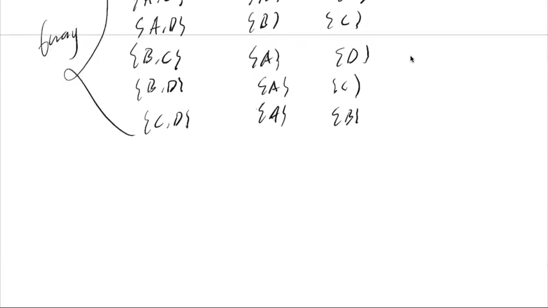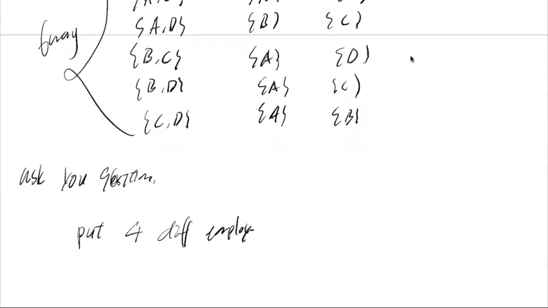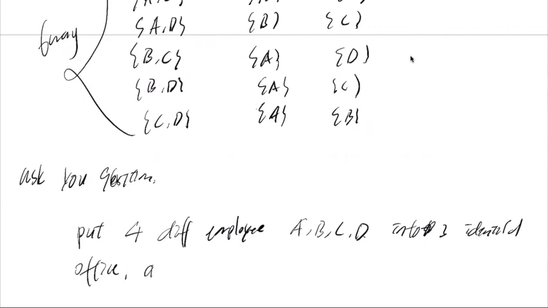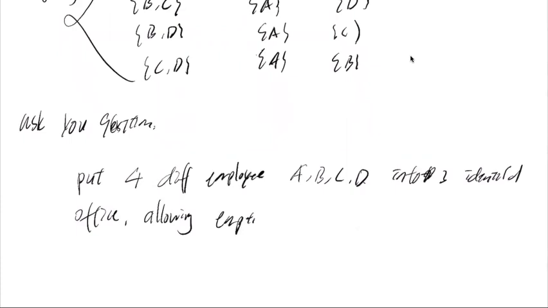So now let me ask you a question. How many ways are there to put 4 different employees A, B, C, D into 3 identical offices, where I'm allowing an empty office?